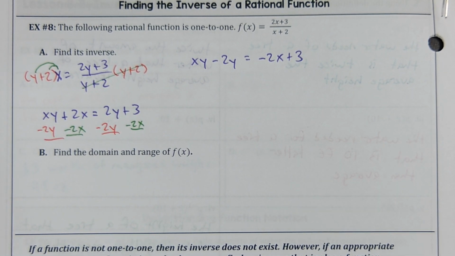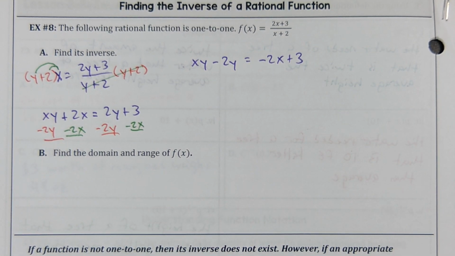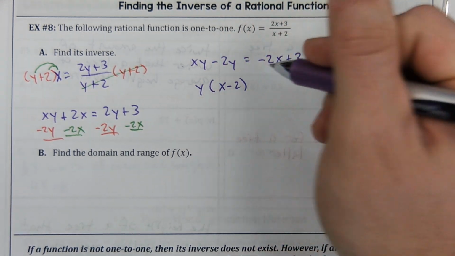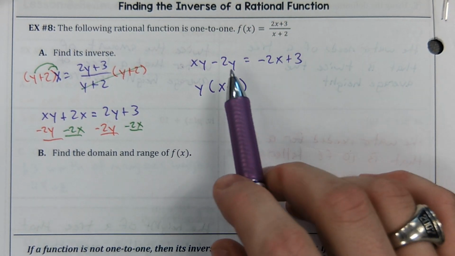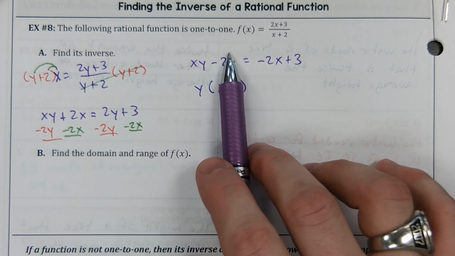We're almost there. We're trying to isolate y. Unfortunately, these are not like terms, so I can't combine them. But you know what I could do? I could recognize that y is a GCF, and I could factor it out. If you divide the whole left side by x, what it's going to give you is y minus 2y over x.